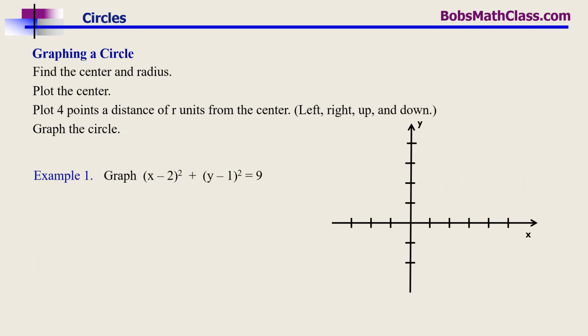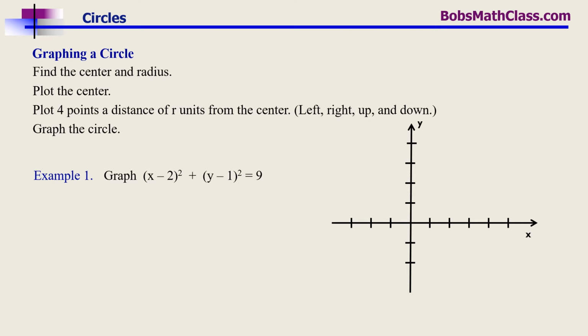This first problem is, let's just go ahead and learn how to graph a circle. What we're going to do is find the center and the radius, and then plot the center, and then plot 4 points, a distance of r units from the center. So the easiest way to make a circle is to find your points, r units.